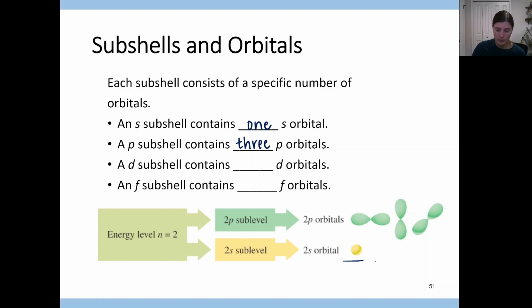So here's an s orbital, here's p orbitals, there are 3. A d subshell contains 5. And an f subshell, which we haven't talked about in detail, but that's okay, contains 7. So you'll notice that the number of orbitals increases by 2 in each case, but we're sticking with odd numbers. So 1 s orbital, 3 p, 5 d, or 7 f.